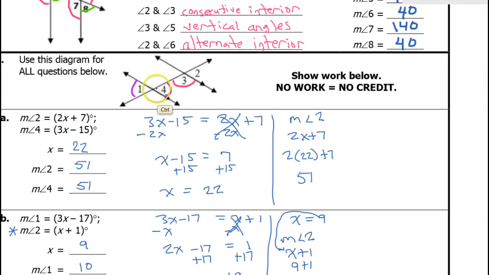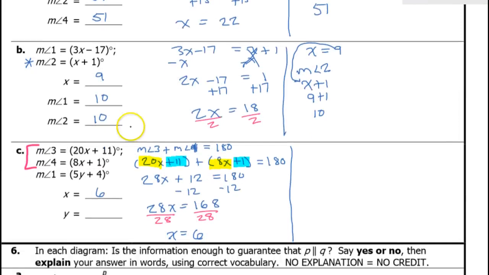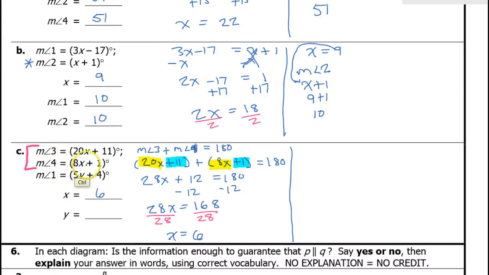Okay, so now I have to find angle 1. But look, notice that angle 1 is the same as angle 4. They're equal. So let's start with angle 4, and then it should just be the same thing. So look, the measure of angle 4, that's the expression 8x plus 1. But now we know that x is 6.